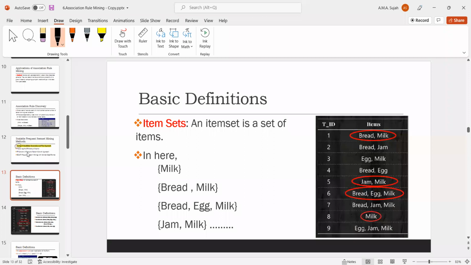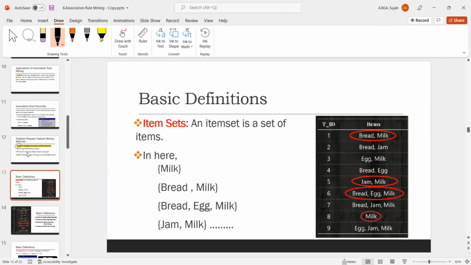Before we understand the steps of the a priori algorithm, you need to know some basic definitions. One definition is item set. What do you think about item set? An item set means a set of items. Let's say in your fourth semester you have different subjects.